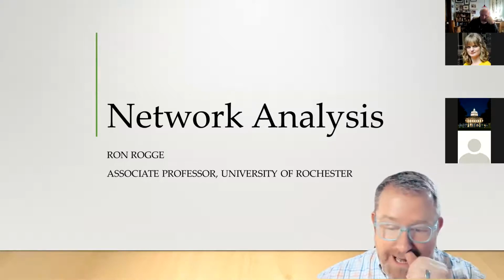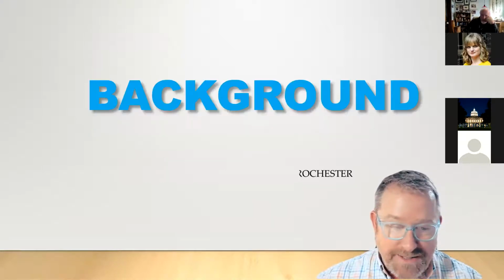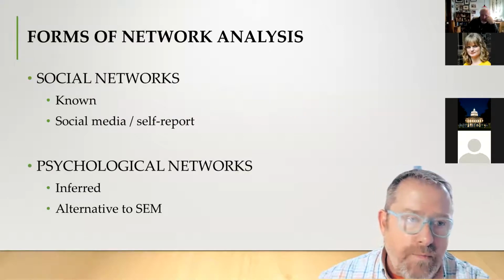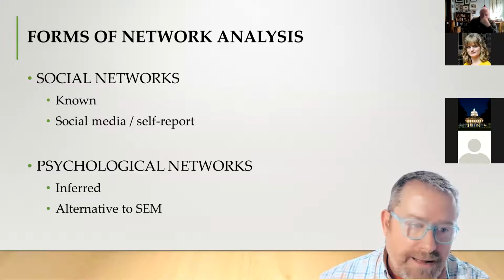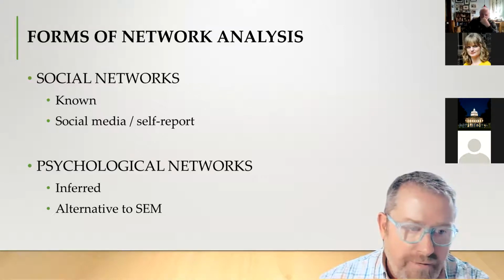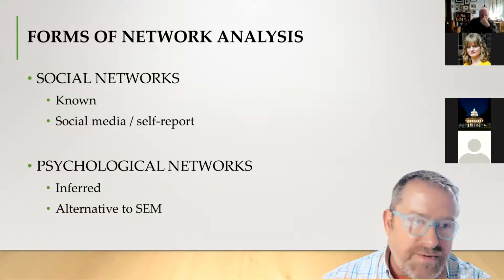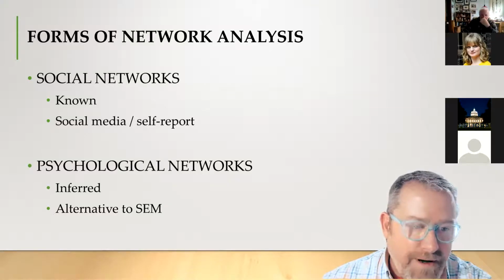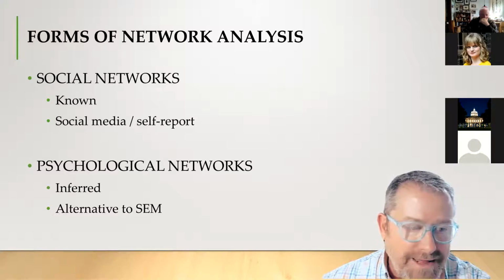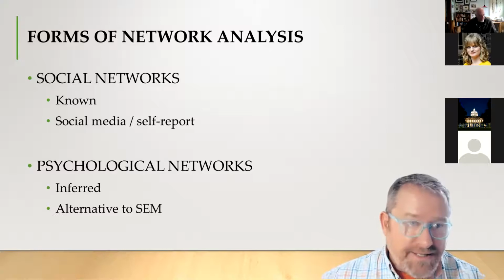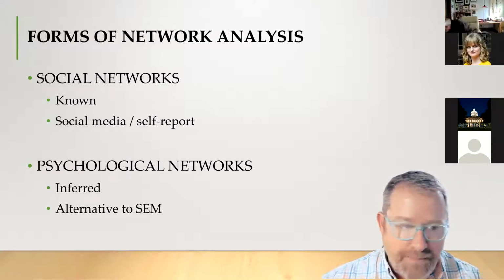Okay, so we're going to talk about network analysis today. When people hear network analysis, the most common way you've heard about it is looking at social networks. That's like looking at who's friends with whom on Facebook or Twitter, or on self-report measures, having people list their closest acquaintances to look at social network overlap between companies.